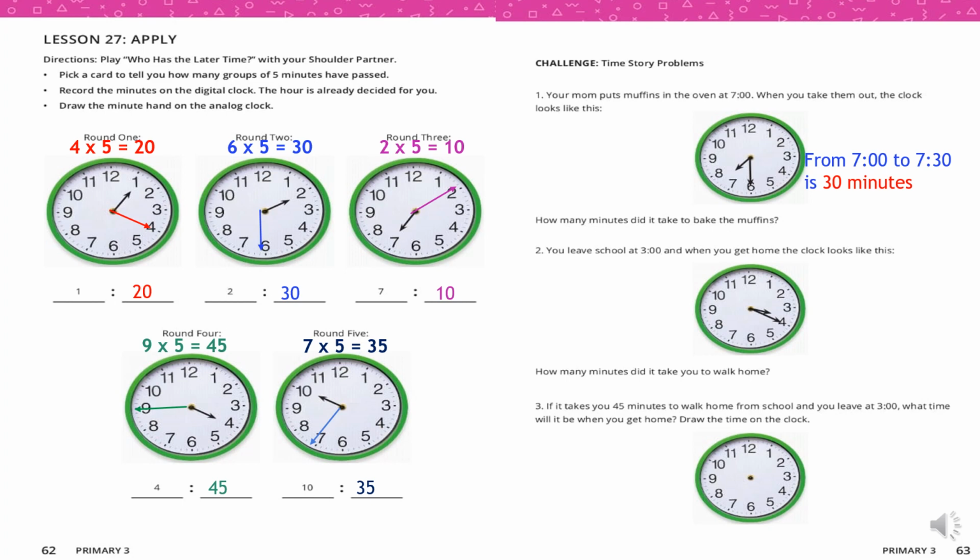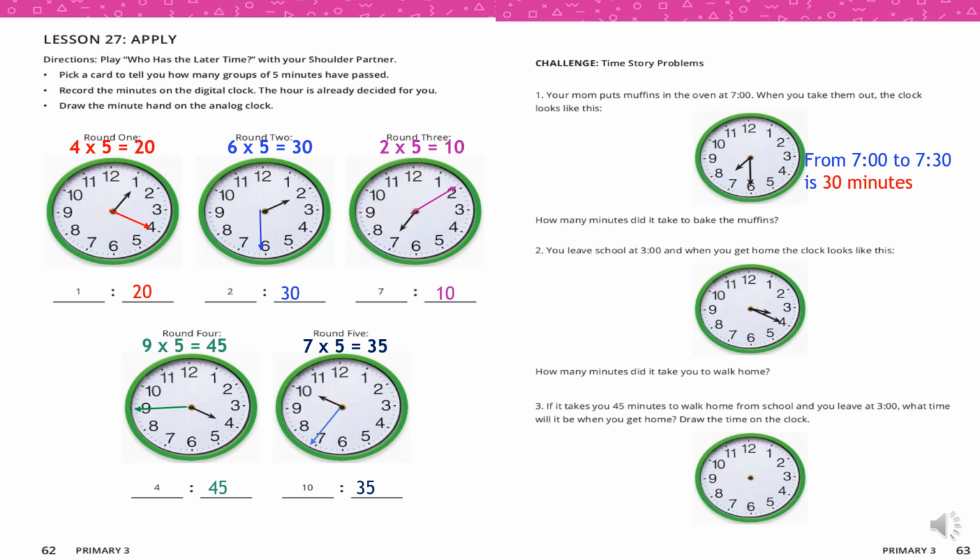Number 2, you leave school at 3 o'clock. And when you get home, the clock looks like this. We left our school at 3 o'clock. So it was 3:00. And when we reached home, it became like this. It's what?